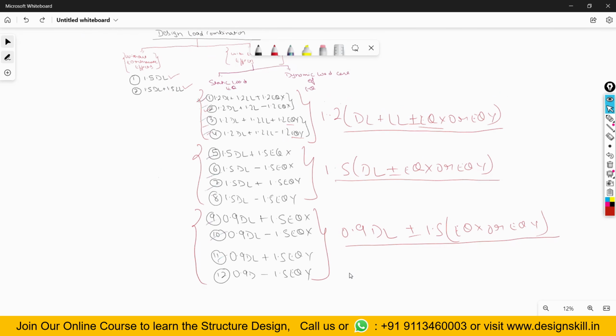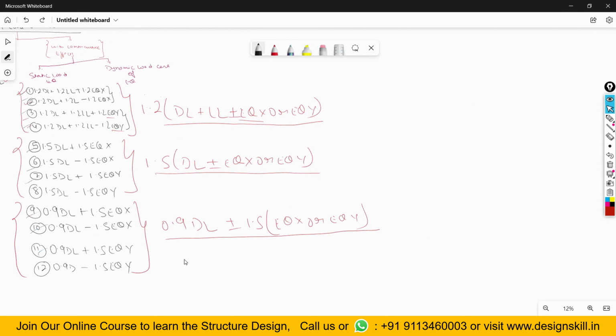Now let us consider the dynamic load combinations for the earthquake design. So I'm going to write these dynamic load combinations here.